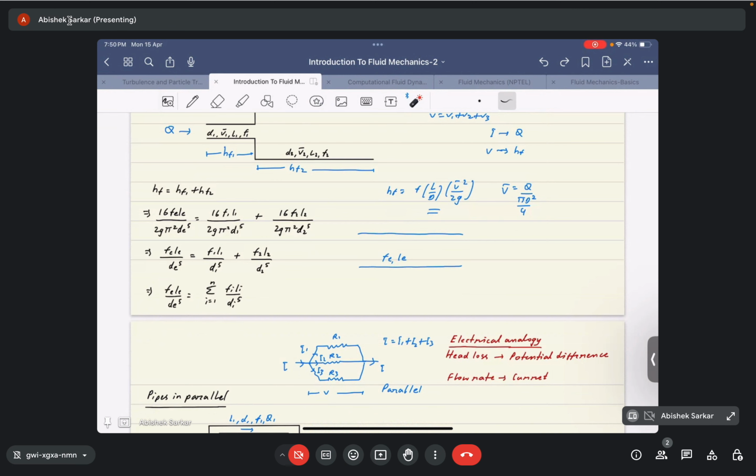So HF would be equal to 16 FE LE by 2g pi square DE to the power 5, which is equal to 16 F1 L1 by 2g pi square D1 to the power 5 plus 16 F2 L2 by 2g pi square D2 to the power 5.